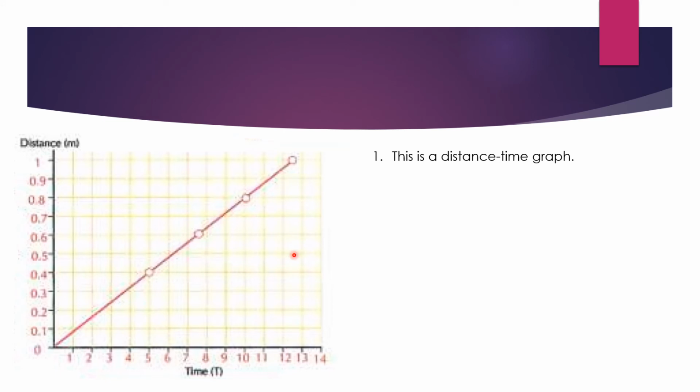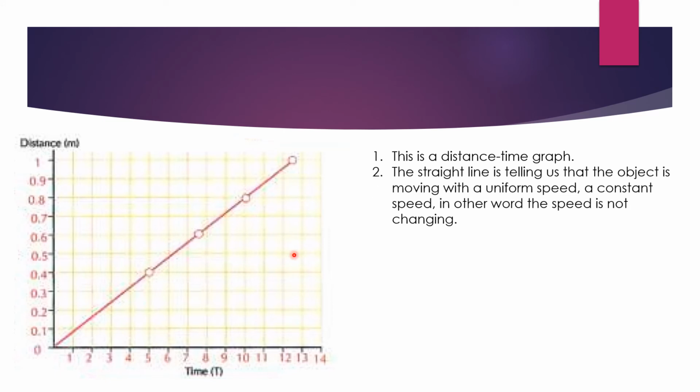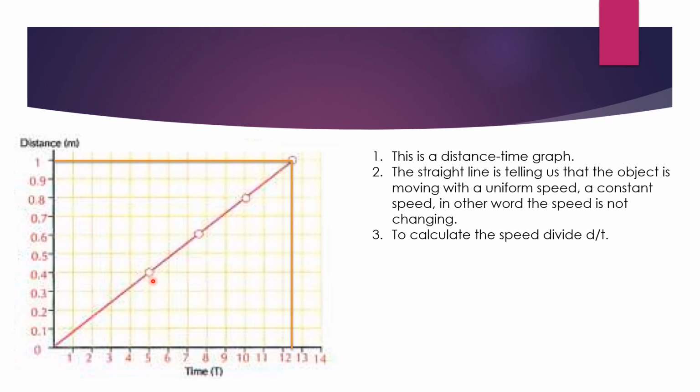Okay, this is a distance time graph. The straight line is telling us that the object is moving with a uniform speed. And to calculate the speed, we need to divide distance over time. It is 0.08, whatever the point that you choose to calculate speed based on it.